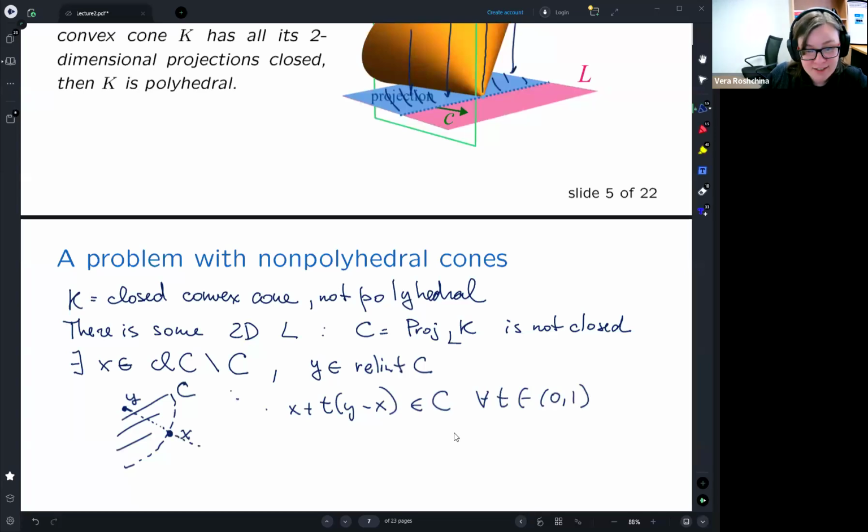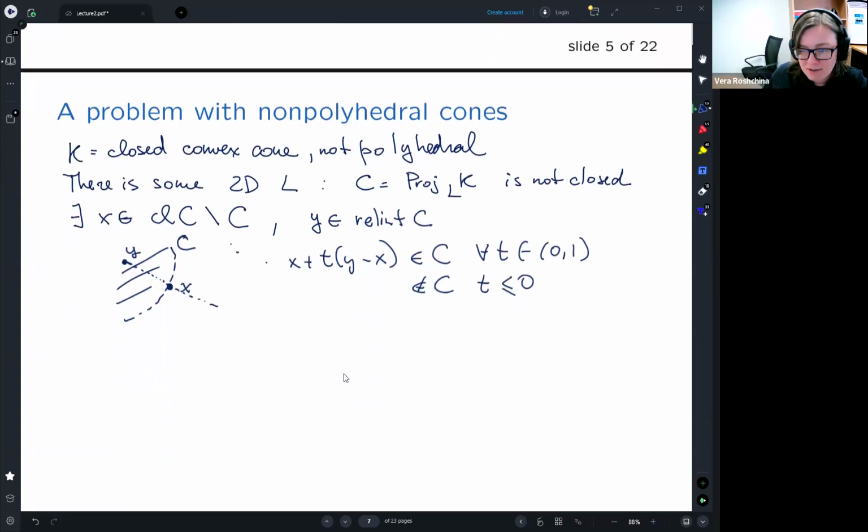But beyond X, this is not going to happen. So for T less than or equal to 0, this is not going to be true, because the set is convex, so the projection of the set is convex, and so on. And so I can write down an optimization problem in which I will use the fact that this point is on the boundary of my projection, but not in the set.